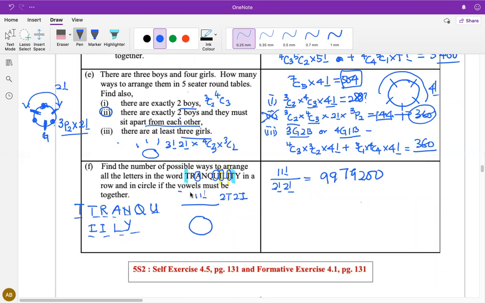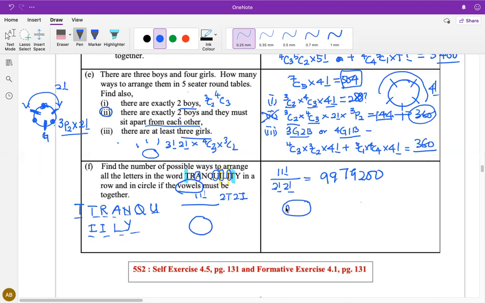So if in a circle, the vowels must be together. Sorry about that. The first one has no condition; this one has a condition: the vowels must be together. So that means A, U, I must be together.